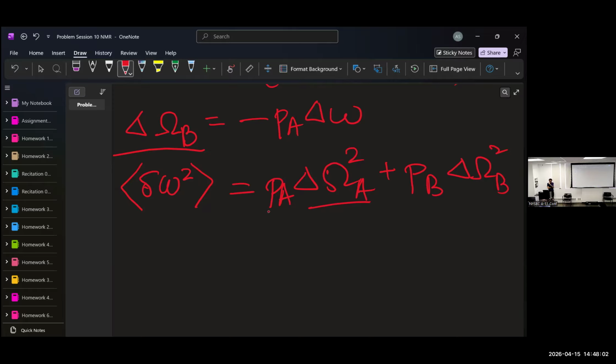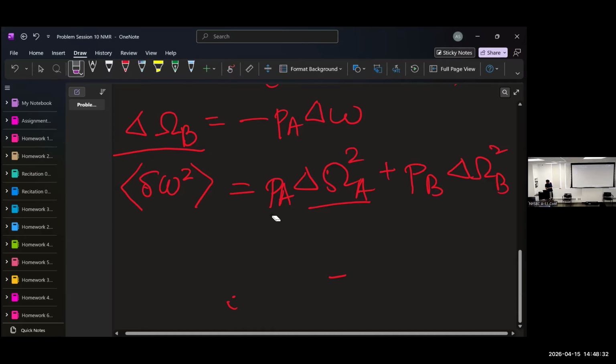Not by p squared, just by p. Or generally, fluctuation squared, xi minus x bar, and then the square root becomes standard deviation, in general weighted by the population.